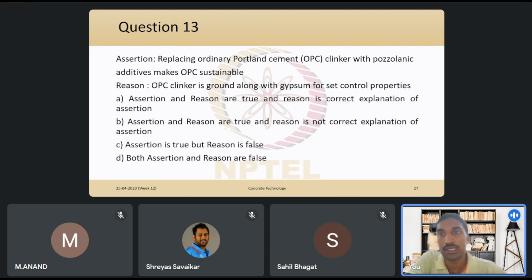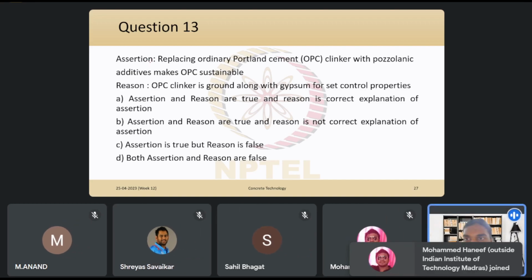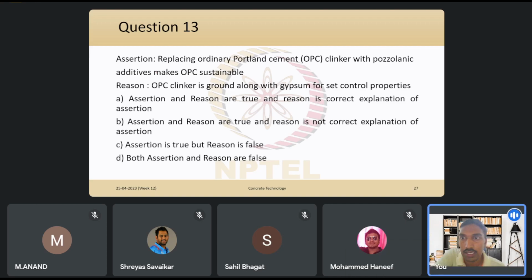All right, so question number 13, an assertion and reason. We'll be given two statements. We have to say whether the assertion is true, whether the reason is true, and also whether the given reason is the correct one for the given statement in the assertion. The assertion is: replacing ordinary Portland cement OPC clinker with pozzolanic additives makes OPC sustainable.